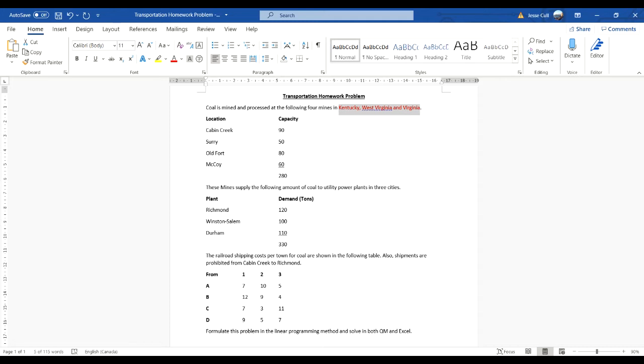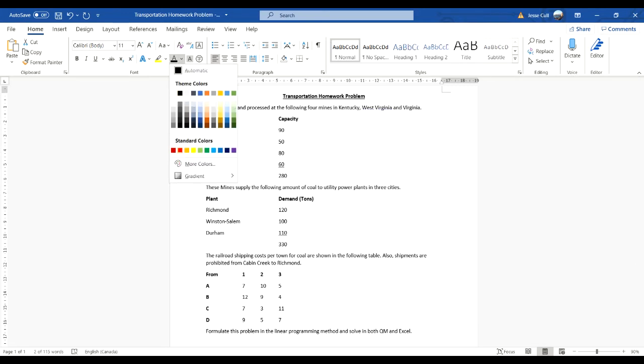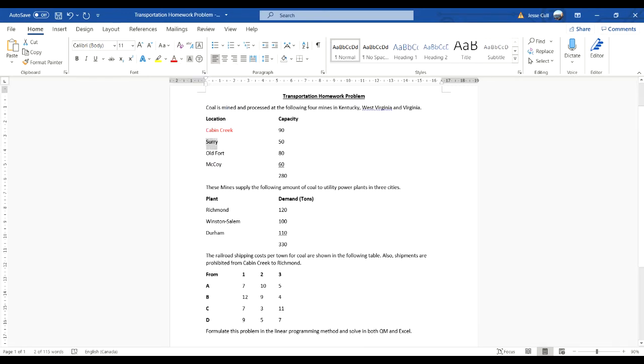These are three places, yes, but these three places are not relevant because they're not sources. The sources are located in those three places. So our sources, we're going to make this black again because it's not important. We're going to highlight our sources red. We have four key sources: Cabin Creek, Surrey, Old Fort, and McCoy.